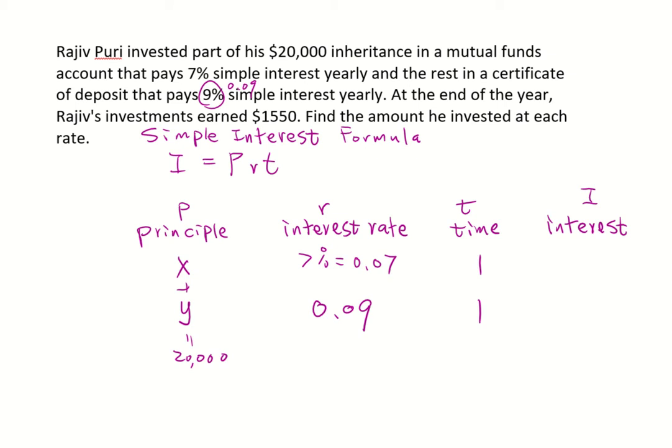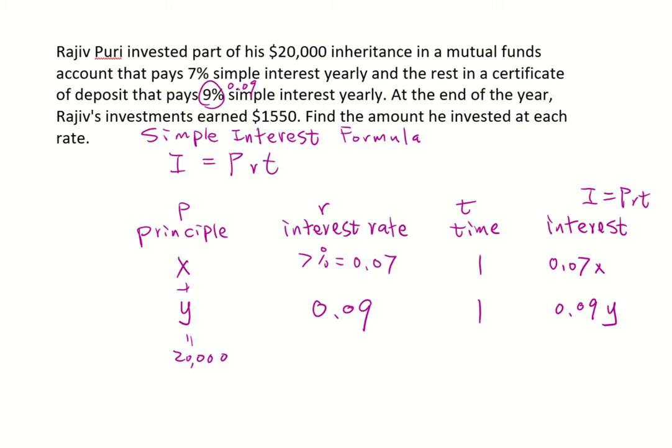So based on the formula, I equals P times R times T, the interest for the first investment will be 0.07 times X times 1, which is 0.07X. The interest for the second investment will be 0.09Y.